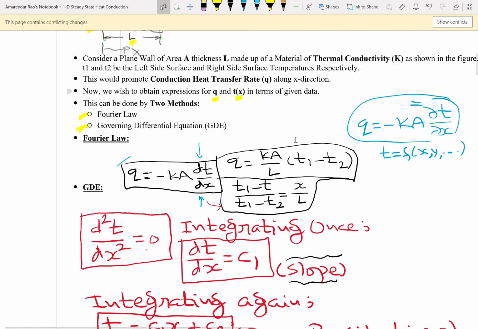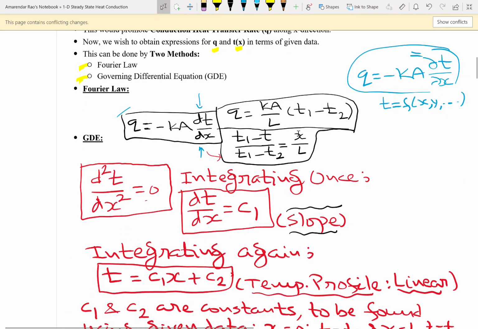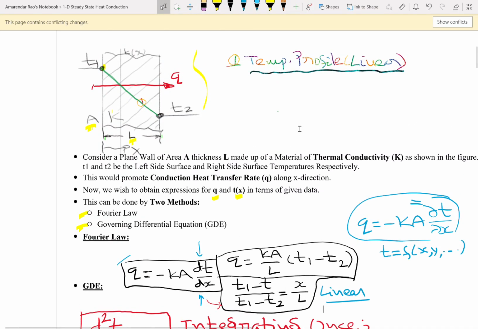And by following a simple method, we can get to know that the temperature profile in the plane wall is given by (T1 minus T) by (T1 minus T2) is equal to x by L. Therefore, this temperature profile is going to be linear, that is a straight line, implying that the slope of the temperature profile remains the same, doesn't matter whether we are at the left side or right side or somewhere in the middle.